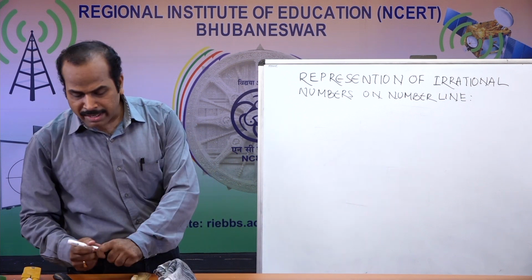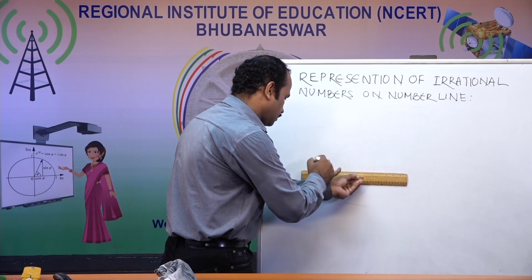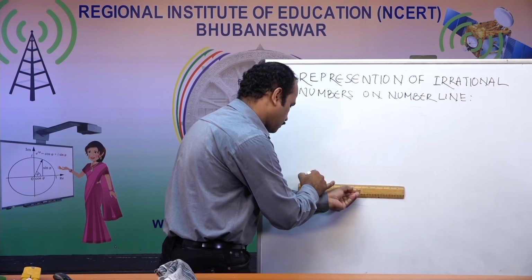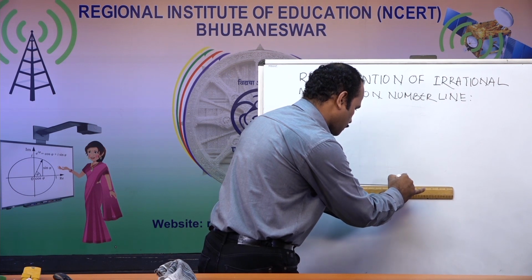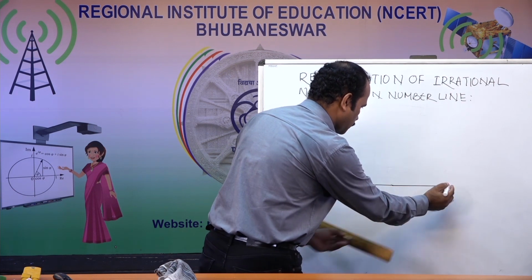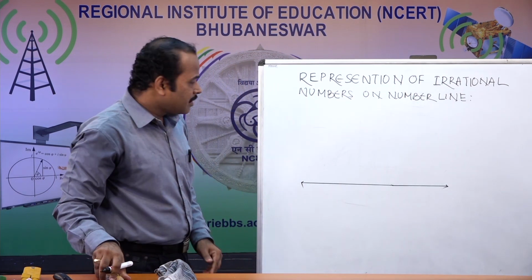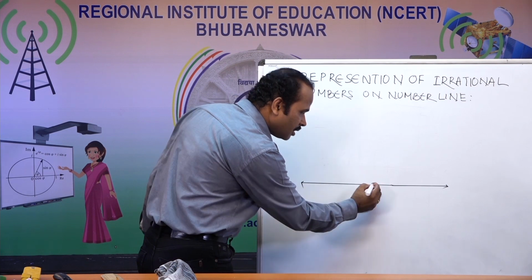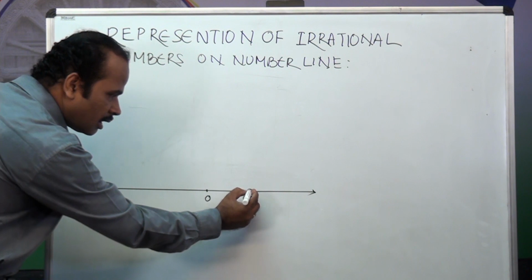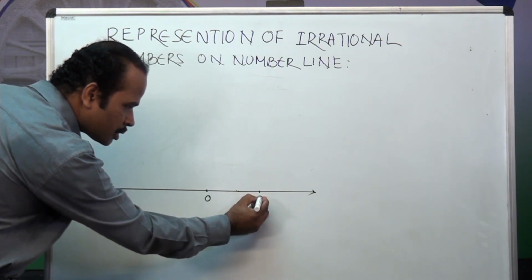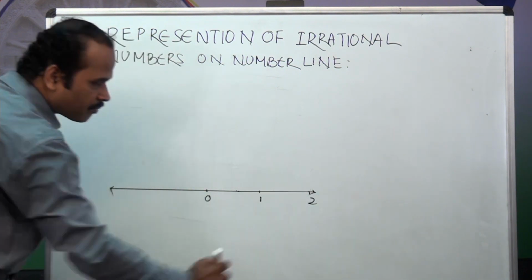So let us select a line again. Let me select a line here. This is my line. Since I have to select a point 0 here, let me take a point here, it is 1 unit. Here another point, it is 2 units suppose.